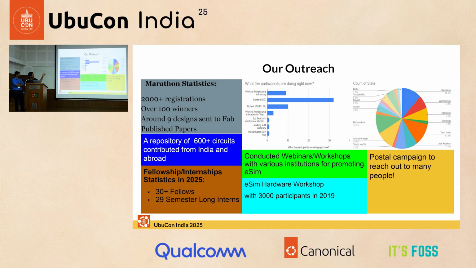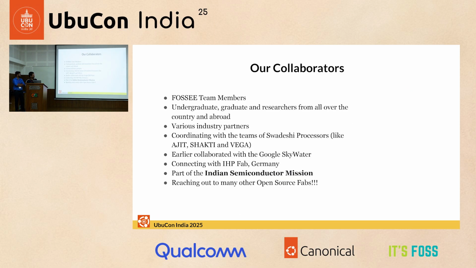This is a quick statistics of the previous marathon. Some people who participated in our activities went to different industries and are doing quite well. So this is a promotional page, you can say. And our collaborators: we are collaborating with IHP Fabrication Germany.